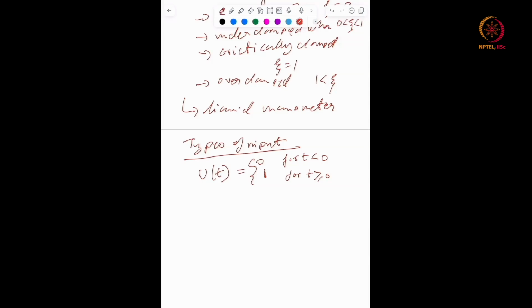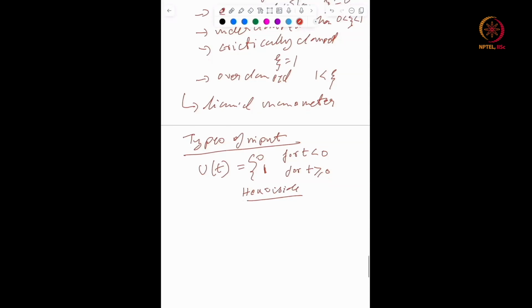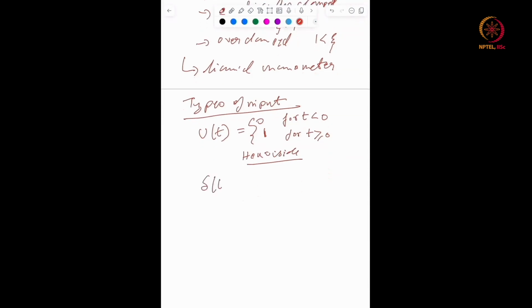So lasting only for a brief time period, it can also be idealized as a unit impulse function, a Dirac delta function. Then you can have situations where delta t is equal to 0 for t less than or equal to 0, and delta t approaches infinity at t equal to 0.